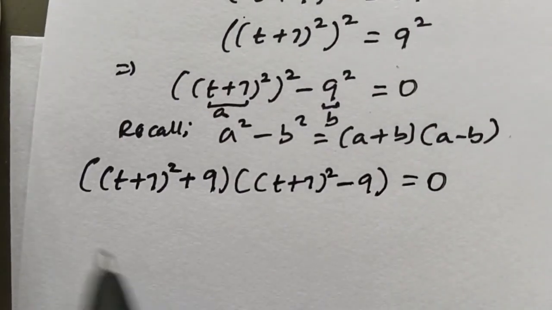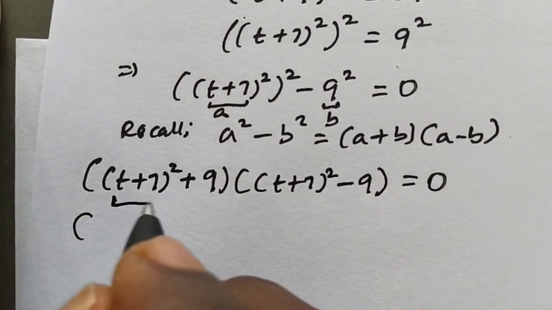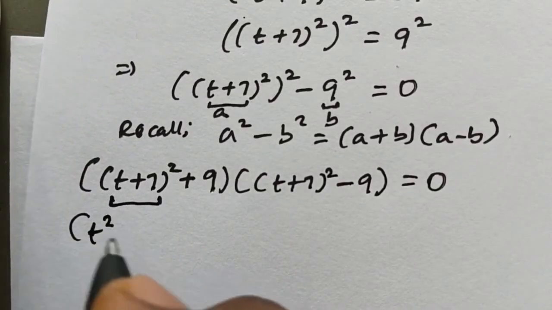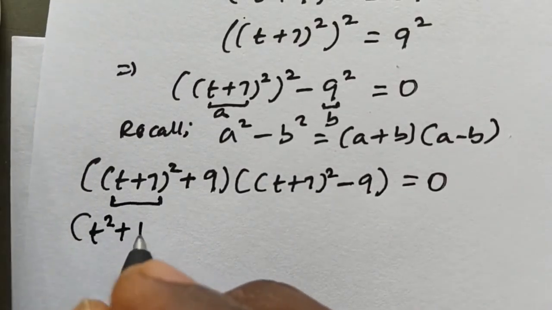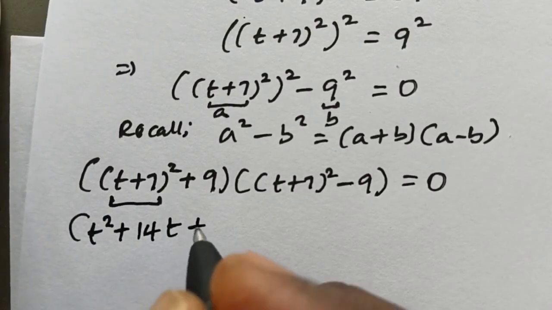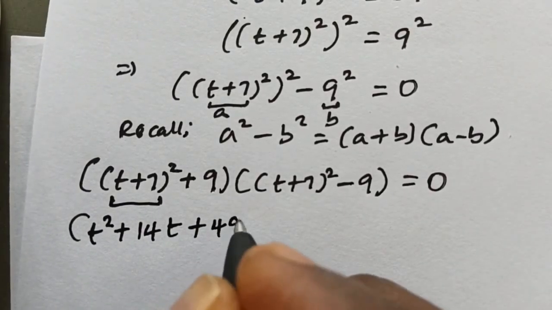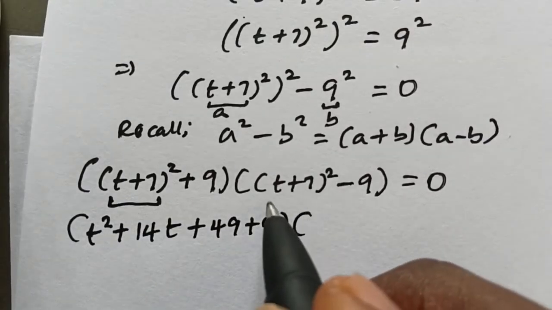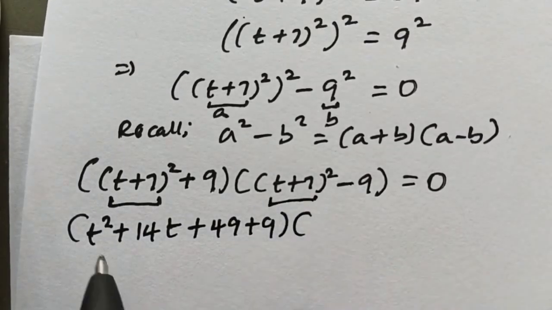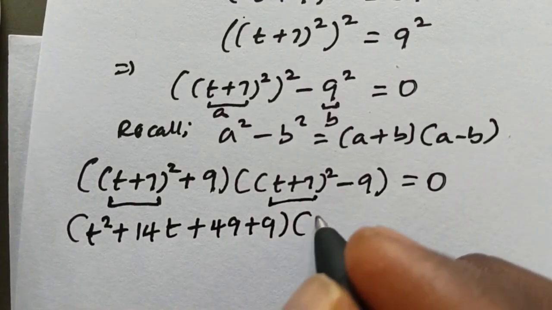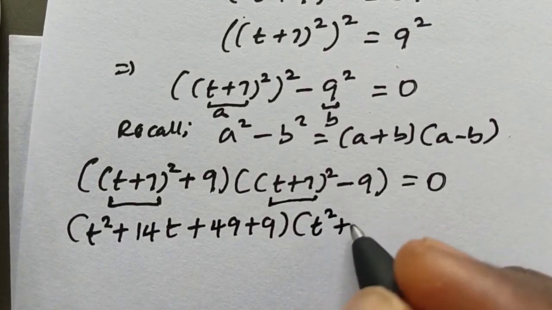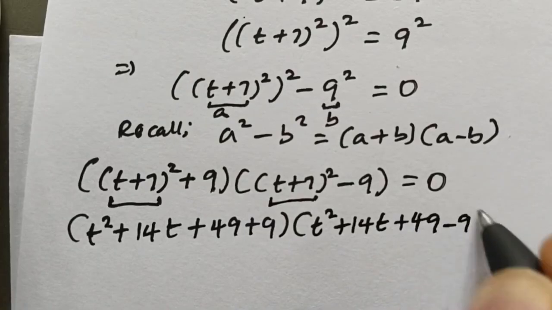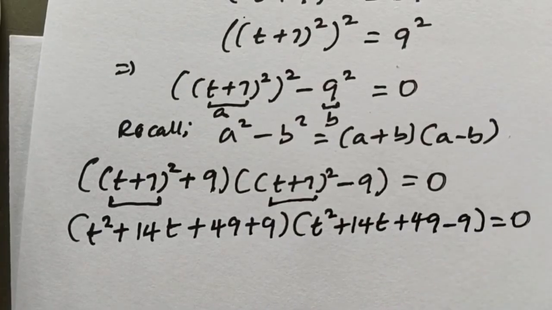Let's proceed further. (t + 7)^2, if you expand it, you're going to have t^2 + 14t + 49, plus 9, times, expanding this also, t^2 + 14t + 49 - 9 equal to 0.